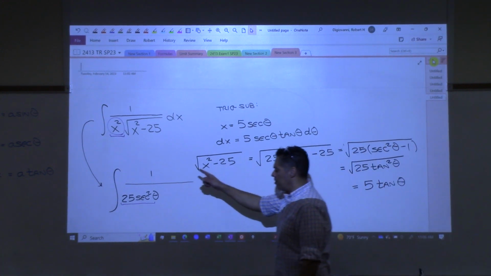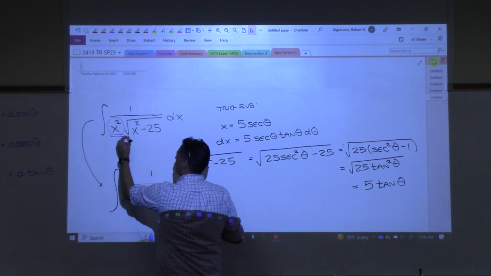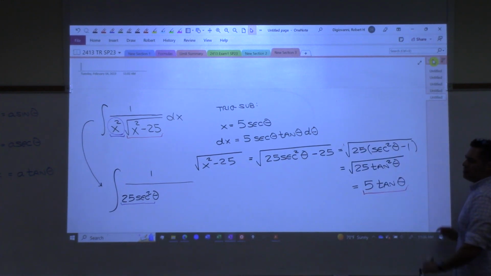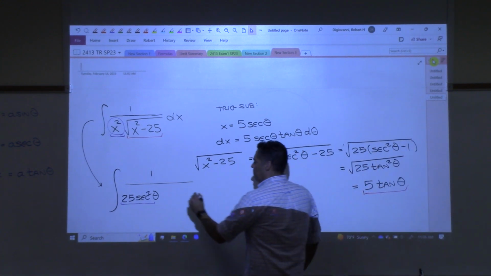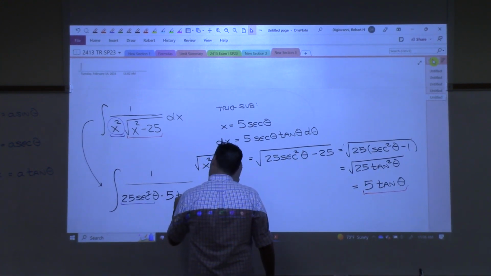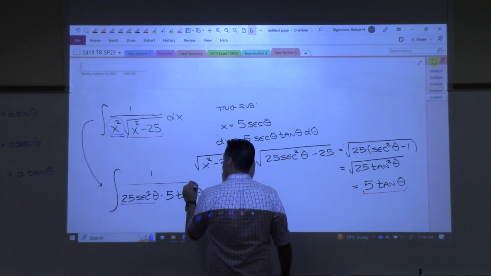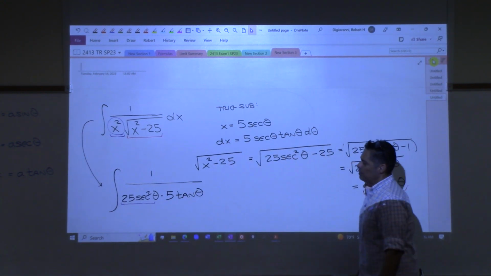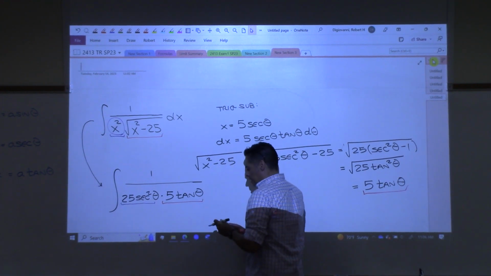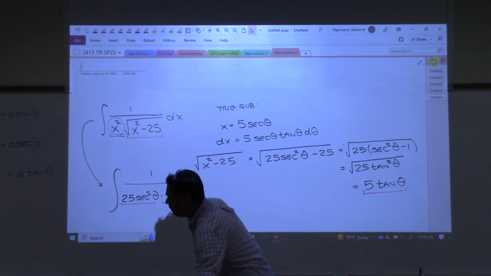Now I have to replace the square root on the bottom. That square root gets replaced with this, because that's what that square root turns into. So that's times 5 tan theta. Am I done? I have to replace the dx, and this is the part students forget.